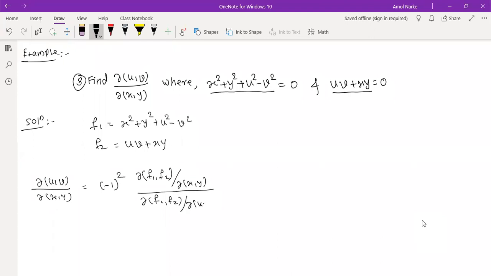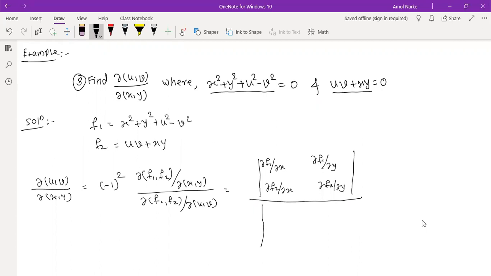So I put the formula now here. I will write the proper formula first, as this is our first example. Partial derivative of f1 with respect to x, partial derivative of f1 with respect to y; here partial derivative of f2 with respect to x, partial derivative of f2 with respect to y. Can someone tell me what is the formula in the denominator?